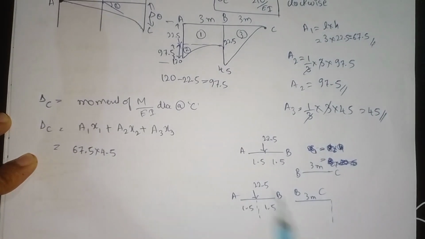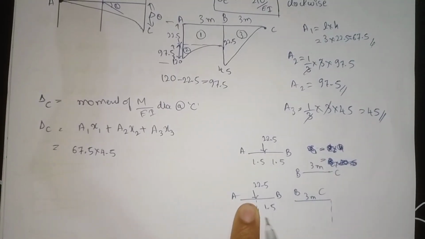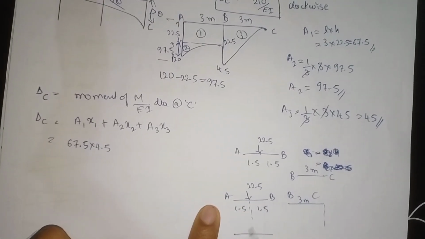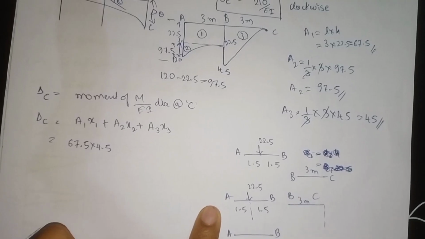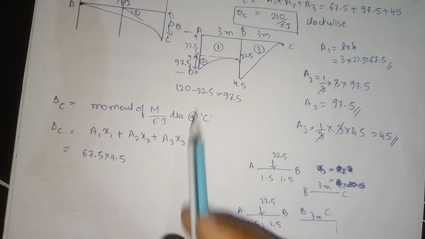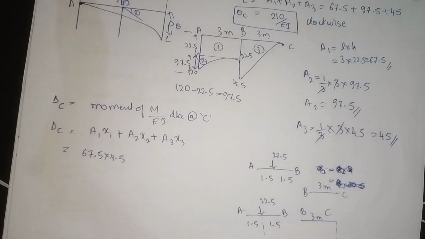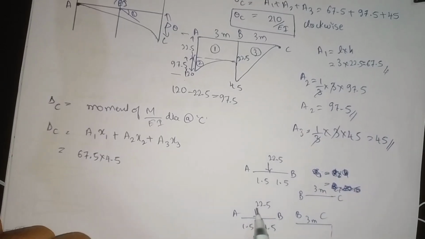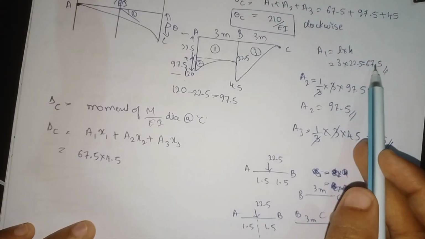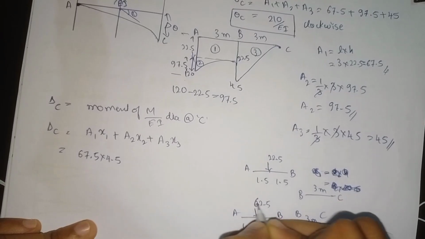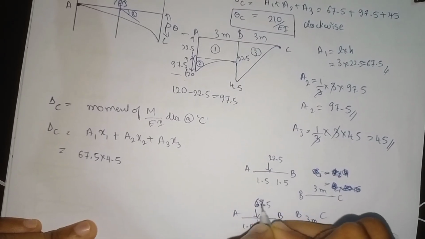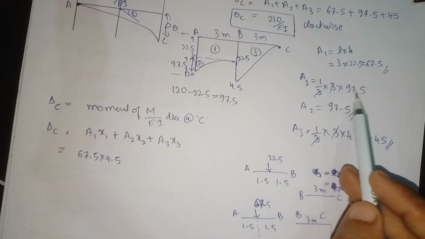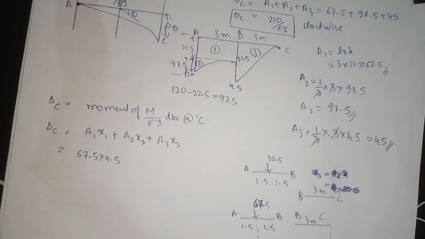We need to find the deflection at point C, so we take this distance from here to here. Similarly, one more load is acting, that is 97.5.